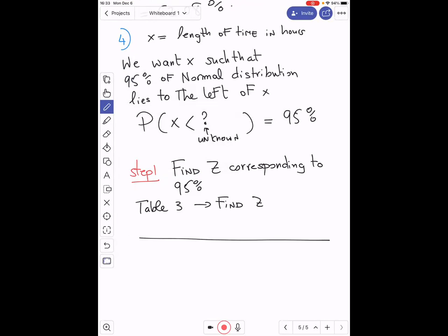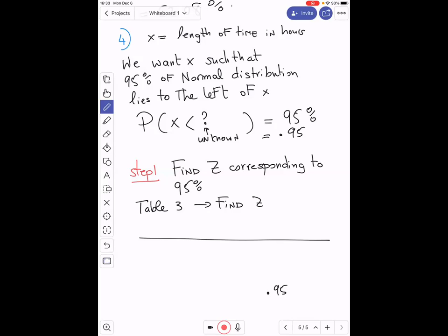On the first page you have negative values of Z, and on the second page you have positive values of Z. We are looking for 0.95, so the corresponding Z to 0.95.